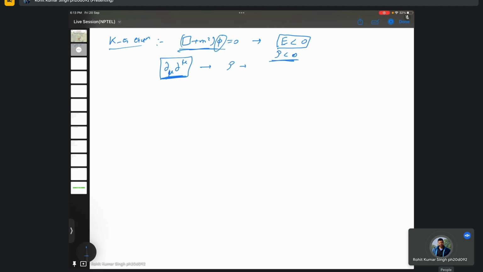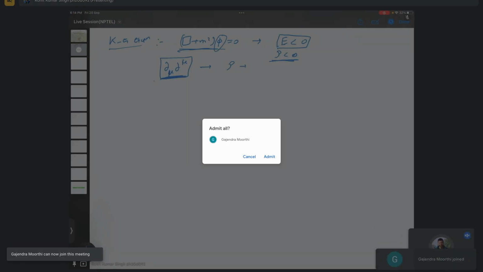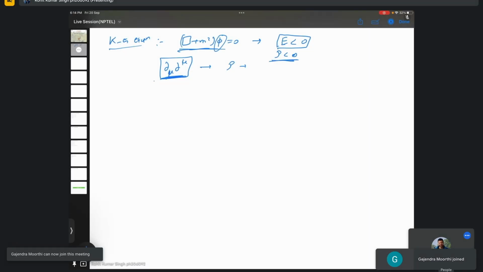If you want a consistent theory of a relativistic free particle, then we need to somehow get an equation which is linear in the order of derivative, rather than a second order derivative, and this is what leads us to the Dirac equation. This is what Dirac did, and gave us an equation which is linear in the order of time derivative.